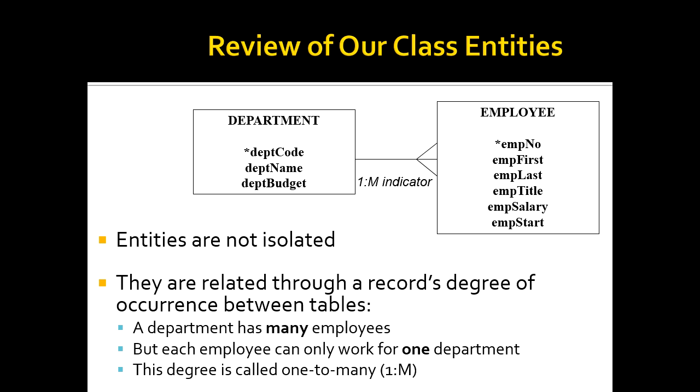The only thing we show here are attributes that relate strictly to, or are descriptors of, the entity itself. The line itself with the crow's foot on the end is what tells me that there's going to be what we call a foreign key. Something that is coming from the department table that we're going to store over there for each record in the employee table, allowing us to relate it back, okay?